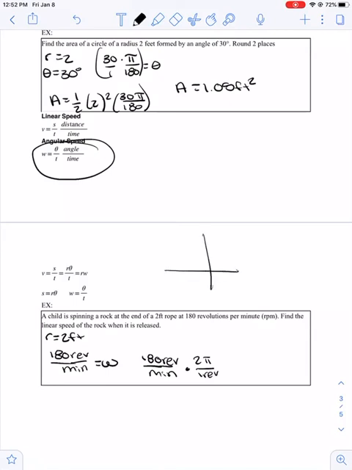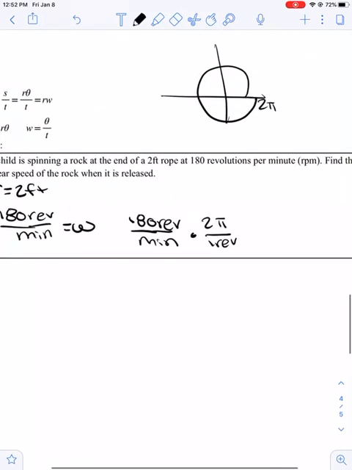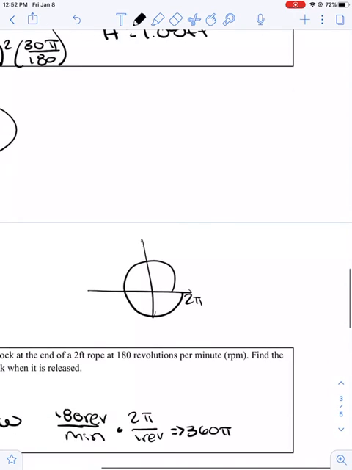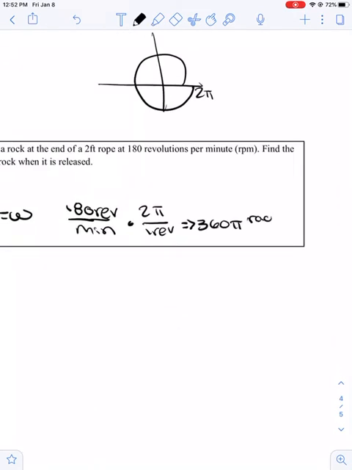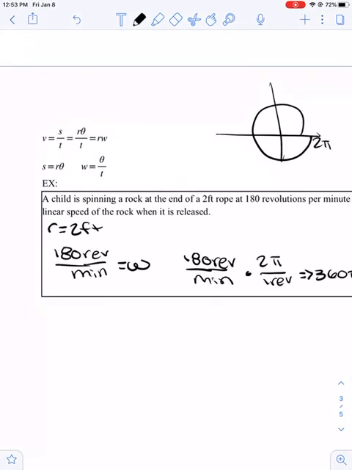So 1 revolution equals 2 pi, and that 2 pi is our radians. If you put this in our calculator and solve, we get 360 pi radians per minute.